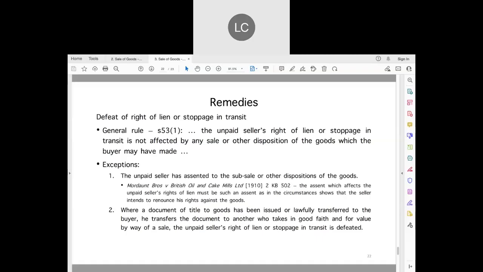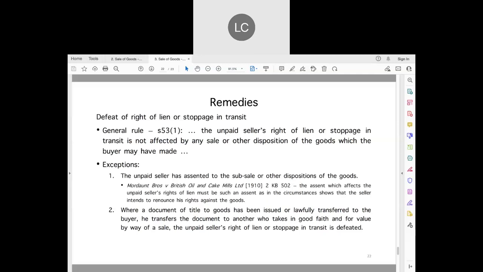But there are a number of exceptions, and this can be found in section 53(1). Number one is that the unpaid seller has assented to the subsale or other disposition of the goods. For this you can look at the case of Mordaunt Bros and British Oil and Cake Mills Limited.